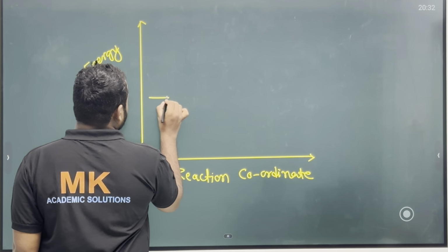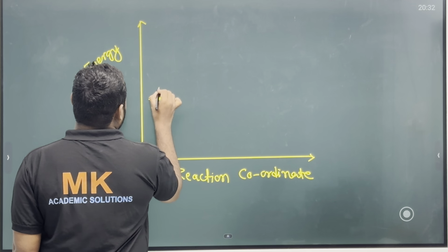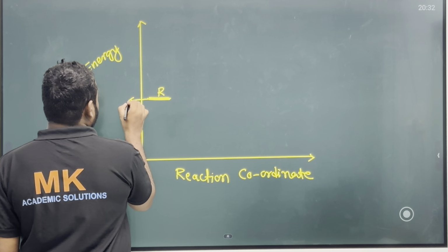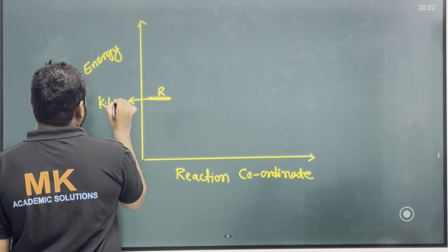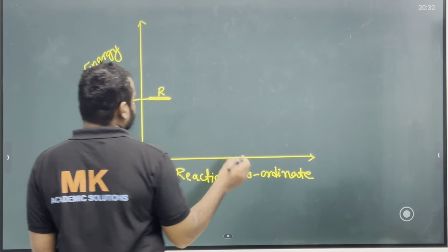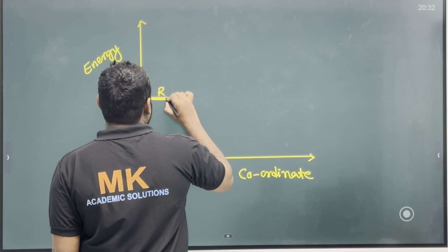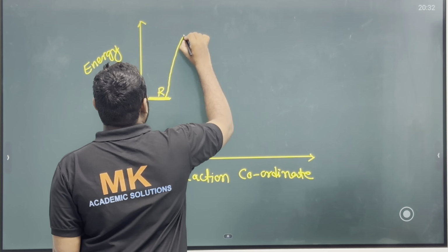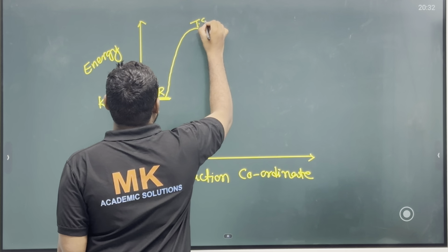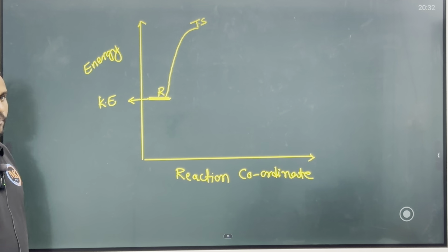So now let us consider, here we are having the reactants. This is known as what? Average kinetic energy of reactant, and this reactant is entering a highly energetic state. This is known as a transition state or activated complex.